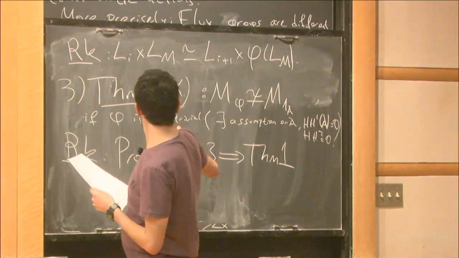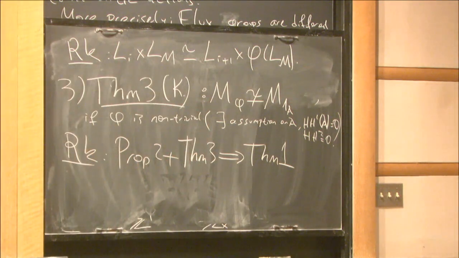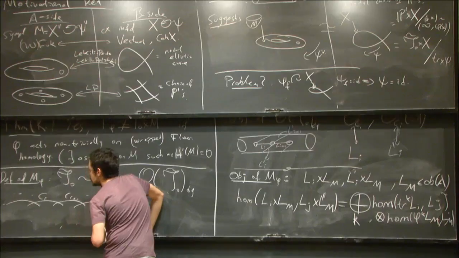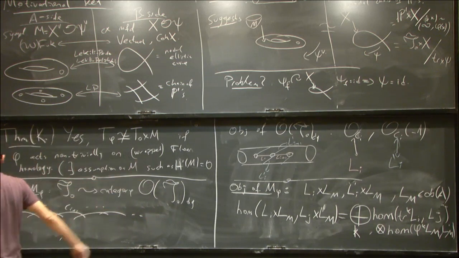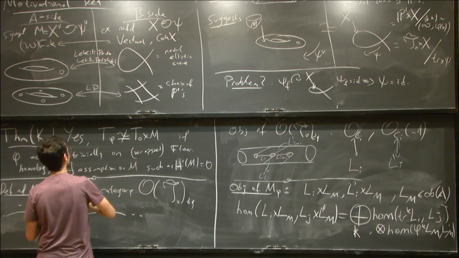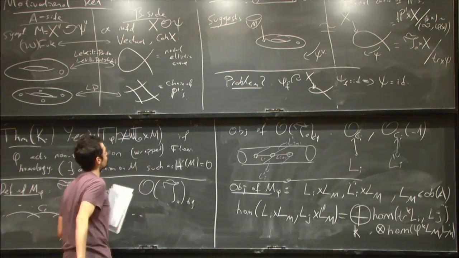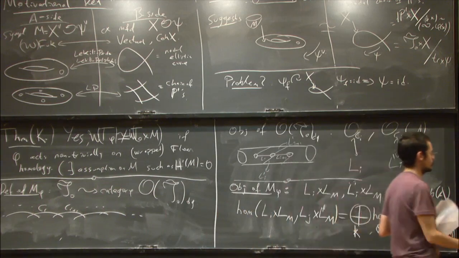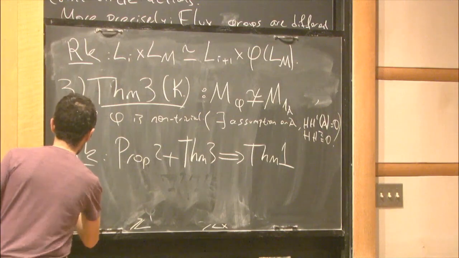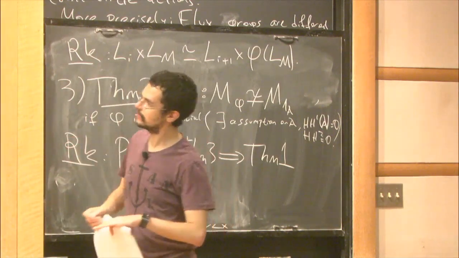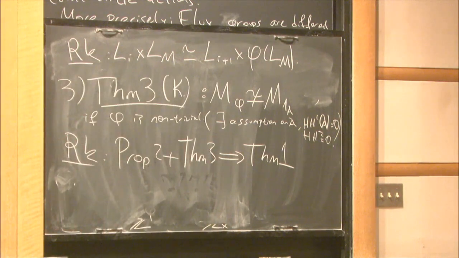Yeah. So. This is actually slightly stronger. As I already told you, this actually implies that the wrapped Fukaya categories are different. And a corollary of this, for instance, well, I'm not going to write this, let me tell this verbally.